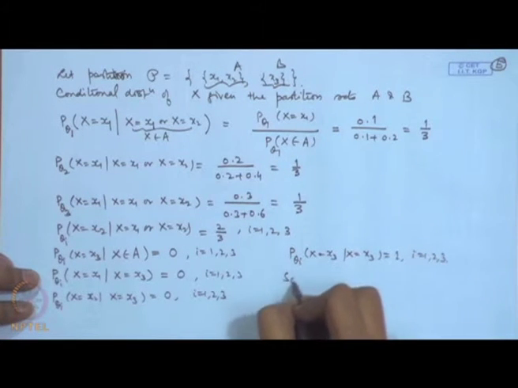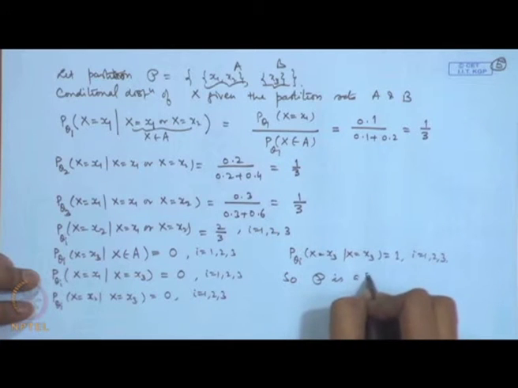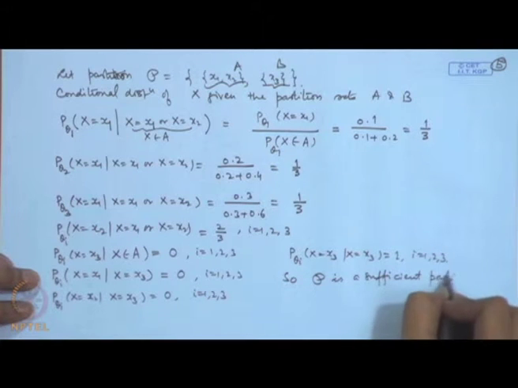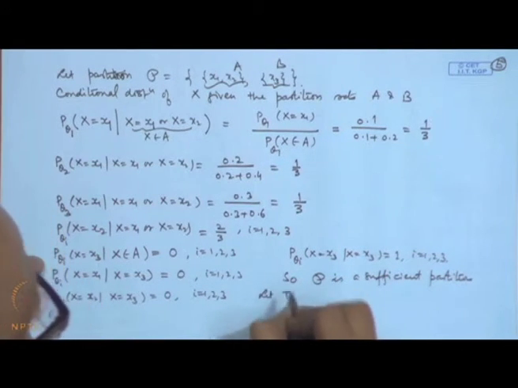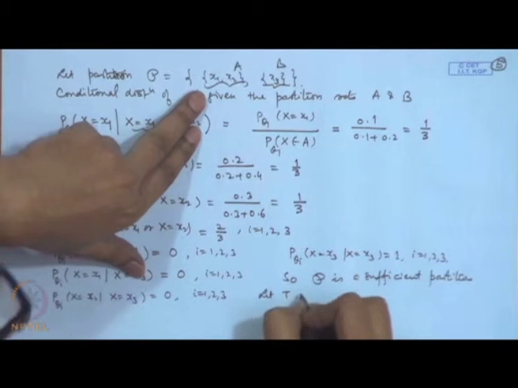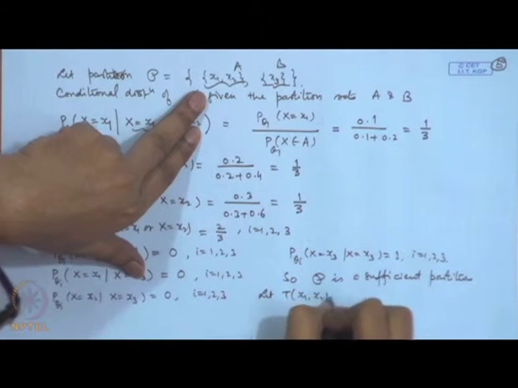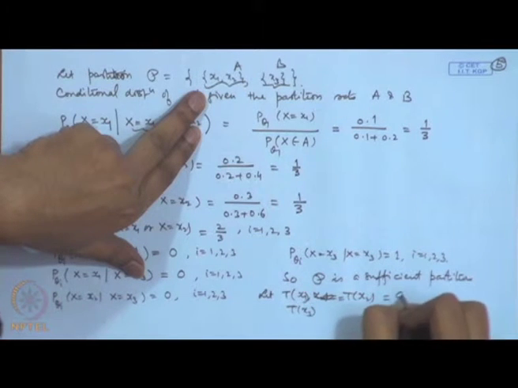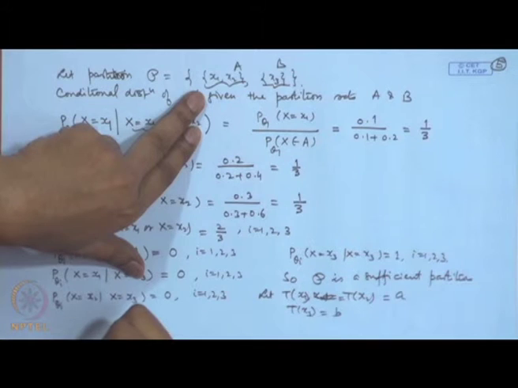So, we can say that this is a sufficient partition. So, if I consider a function t which is assigning one value to, say, t(x1) and t(x2) as some value, and t(x3) as another value, let me call it value a and this value b, where a is different from b, then t must be sufficient.